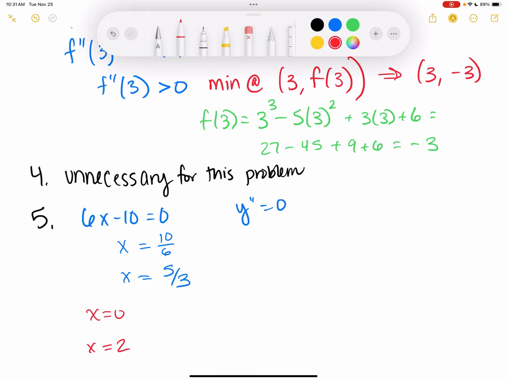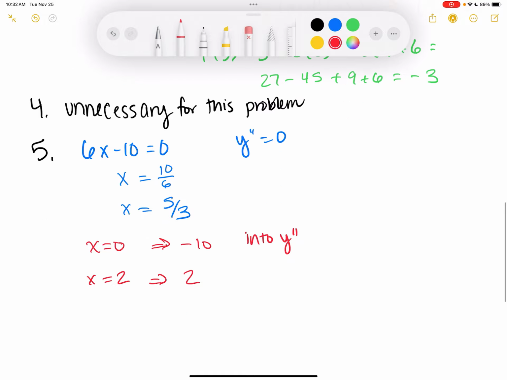So if I plug in 0 to the second derivative, then I get negative 10. Let me mark that. 2. And then if I plug in 2, that would be 12 minus 10, so that would be a positive 2. And so that goes from negative to positive.